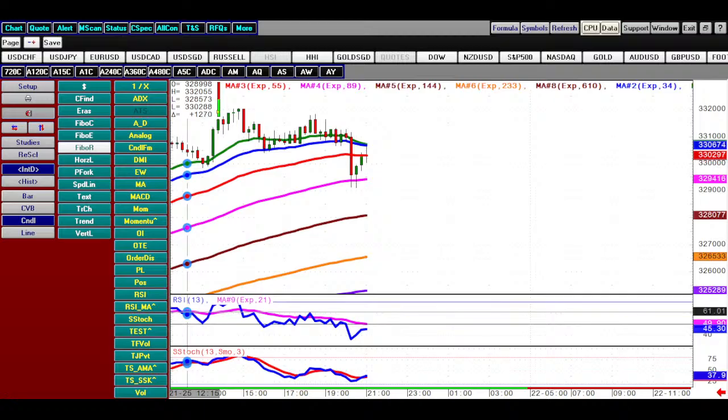So maybe I'm trying to do 3 staggered levels. 3303 also, I'm planning to go a very small volume.